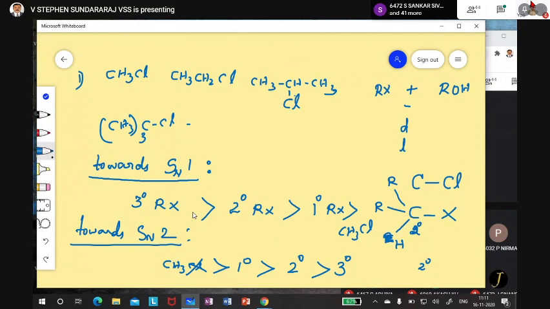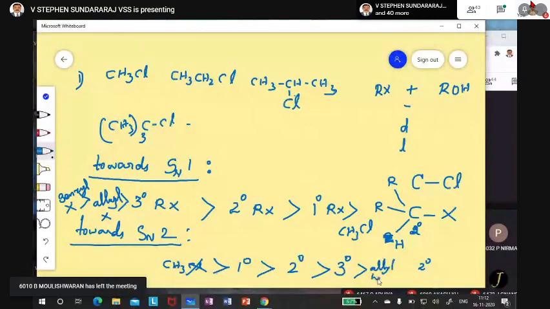Here you add one more also, which I will explain later. Write allyl halide as more reactive than tertiary, and benzyl halide as more than that. Similarly, here allyl halide and benzyl halide will come.